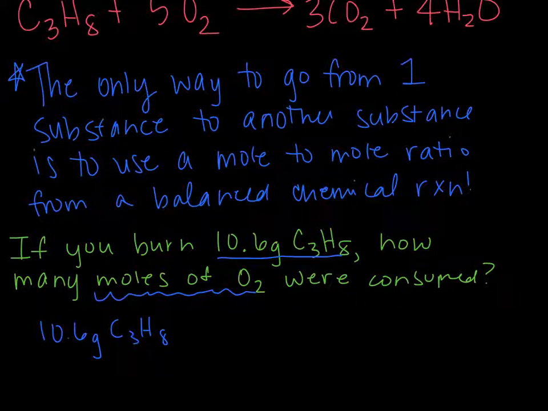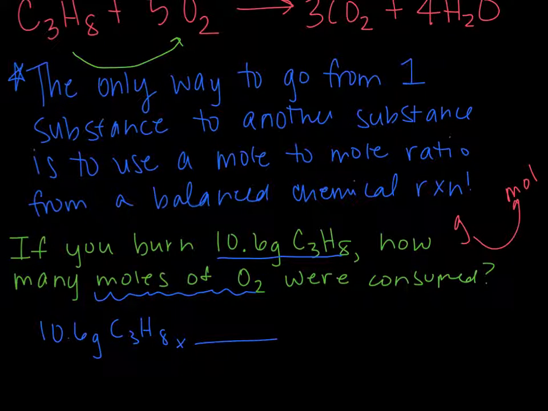So I have to go from C3H8 to O2. To go from one substance to another, I have to use a mole-to-mole ratio, but I can't use one because I don't have moles, I have grams. So I have to get this to moles first, and the only way to get to moles from grams is to use molar mass. If we want to go from grams to moles, or moles to grams, we have to use molar mass.